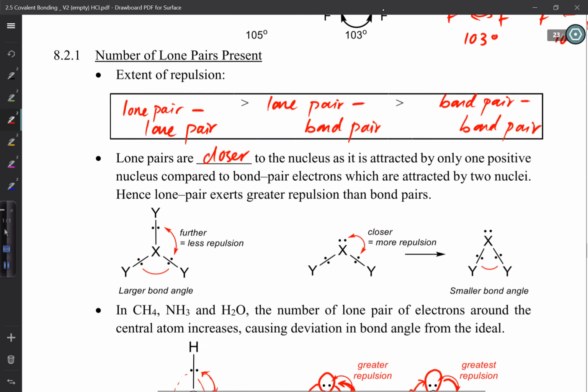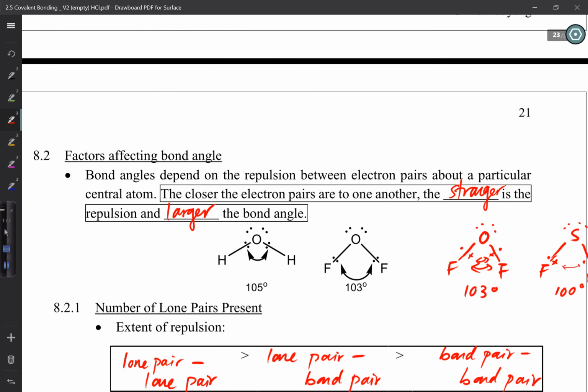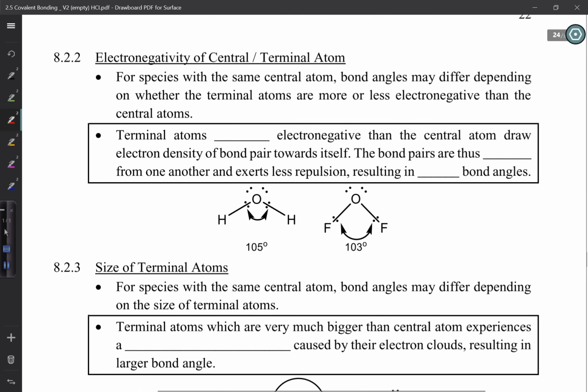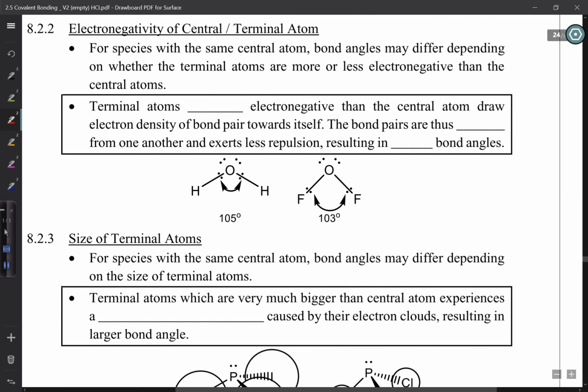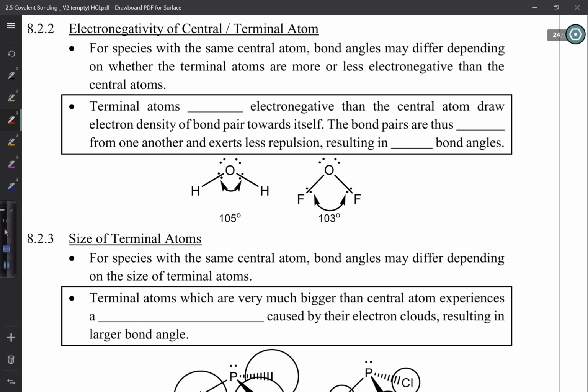Alright. So previously I mentioned factors affecting bond angle. Another factor, which is actually similar: for species with the same central atom, bond angles may differ depending on whether the terminal atoms are more or less electronegative than the central atom.